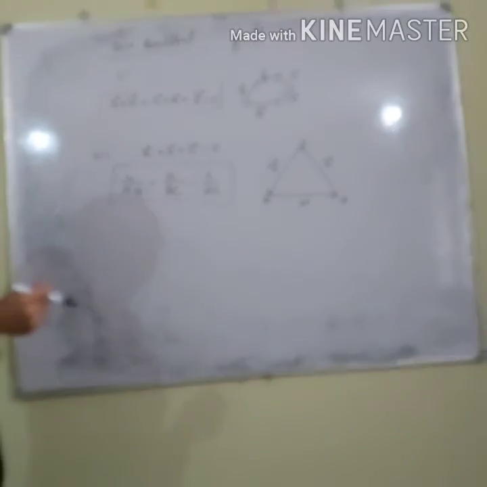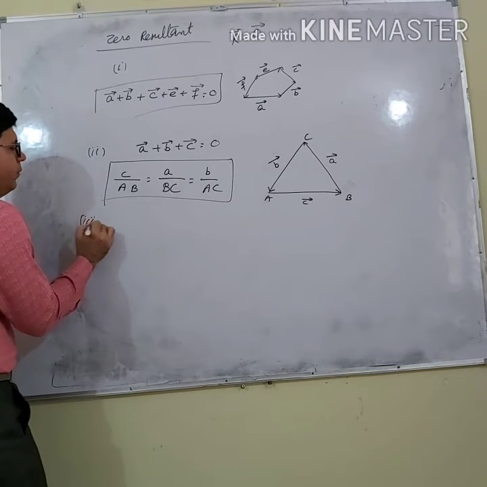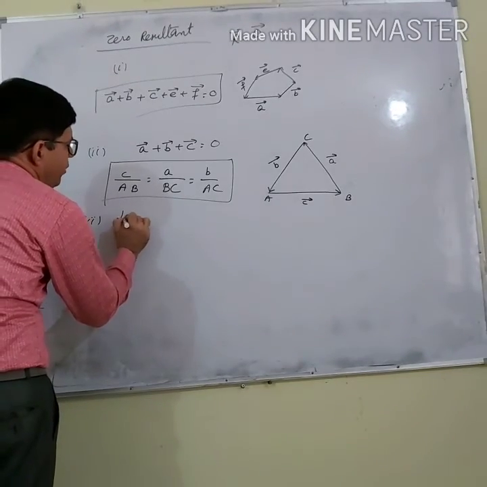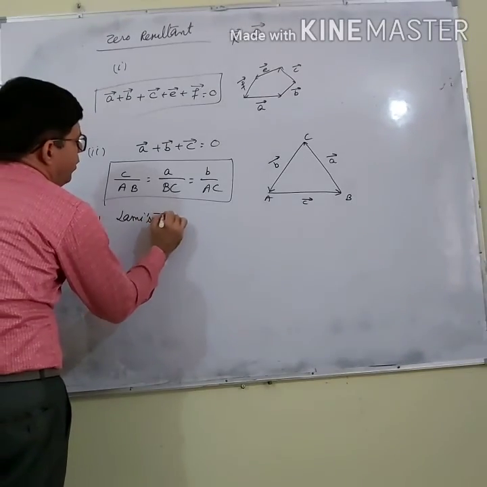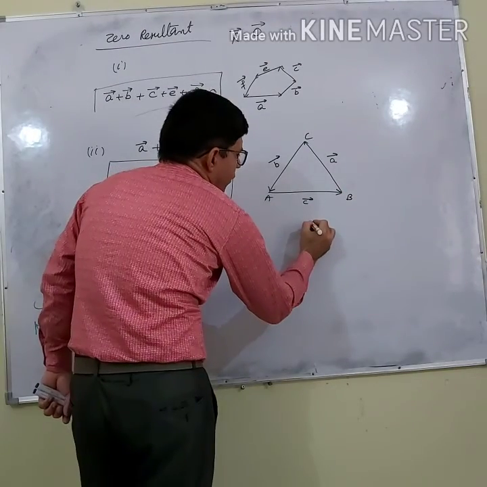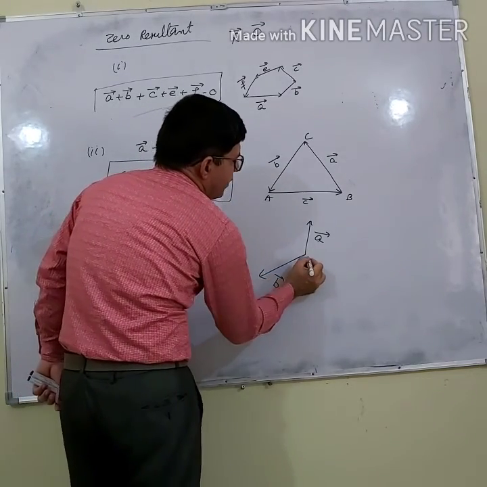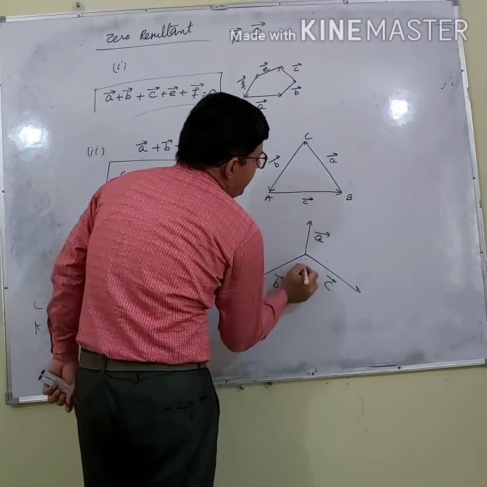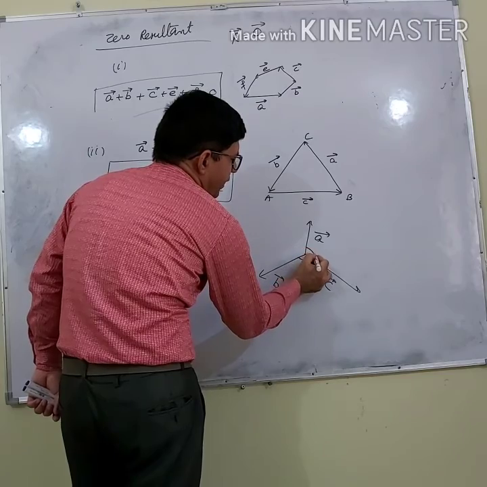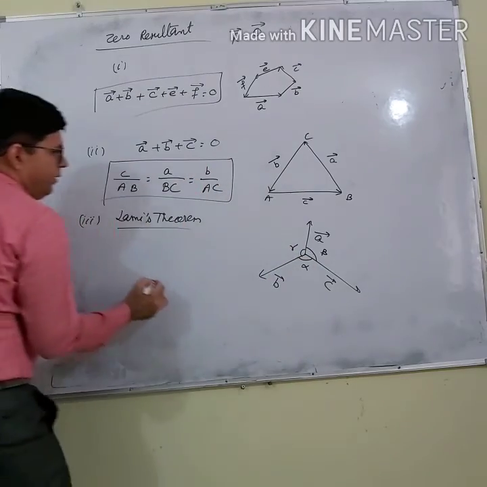And the third case is Lami's theorem. If I am having three forces A, B, C, and they are in equilibrium such that this angle is alpha, the angle between A and C is beta, and this angle is gamma, then what can I say?